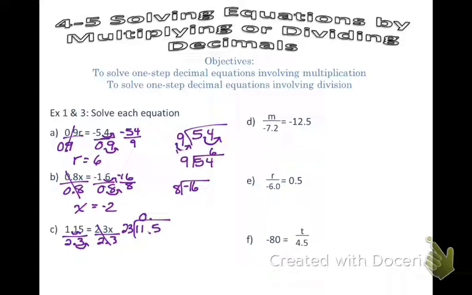I'm thinking maybe 5 times, yep. So it's 0.5. So x equals 0.5. That's a 0, not a 6.